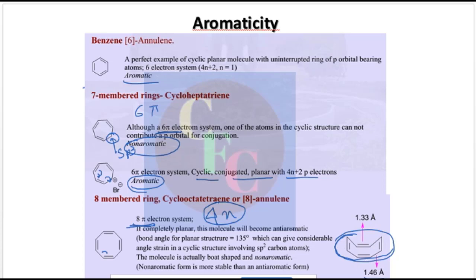That means now it is cyclic but not planar, and it has a 4n system, so it is non-aromatic rather than anti-aromatic, because it is not planar anymore, right? Why does it sacrifice its planarity? Because in planar form it would be very unstable, because it is anti-aromatic. Rather, it sacrifices and becomes non-planar and tub shaped.